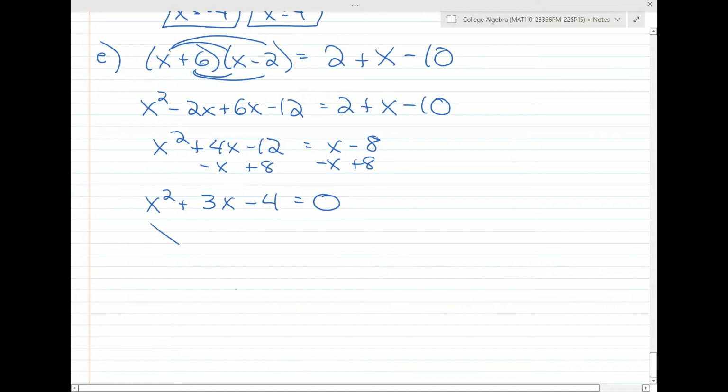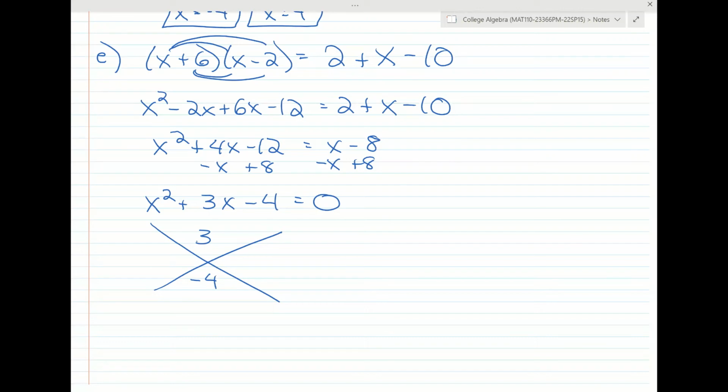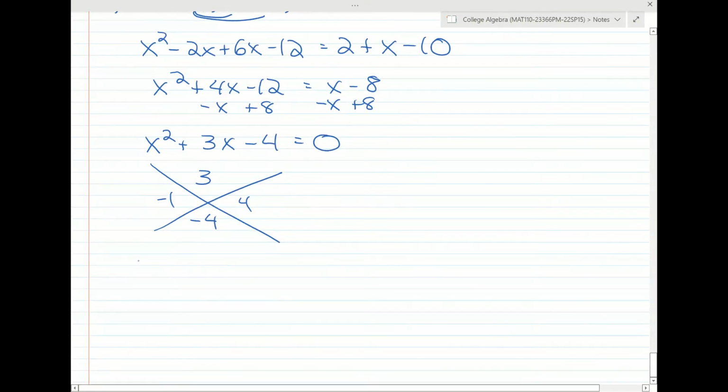So let's go ahead and factor this. We're looking for numbers that multiply to be -4 and add up to be 3. This would be x squared minus x plus 4x minus 4 equals 0.